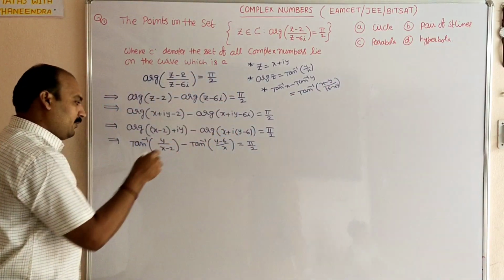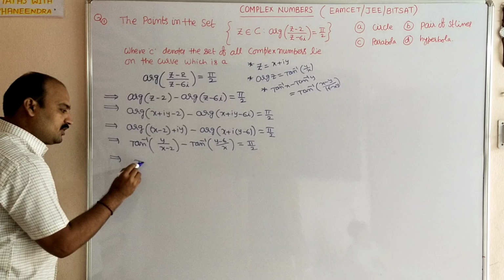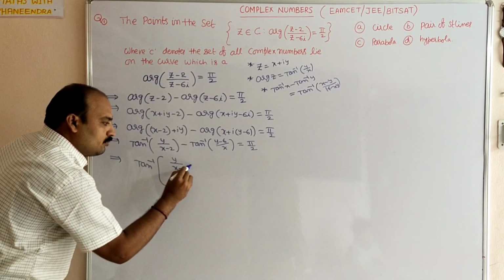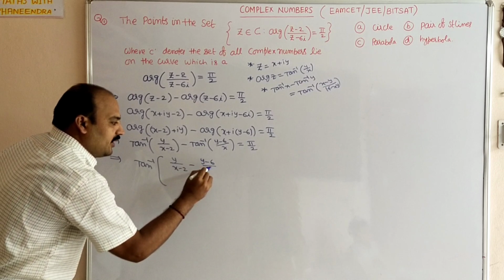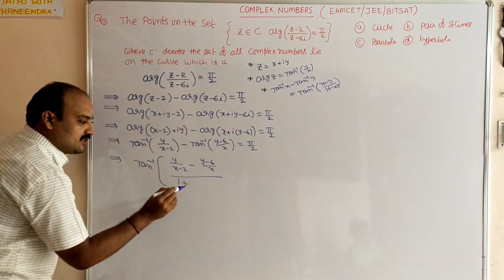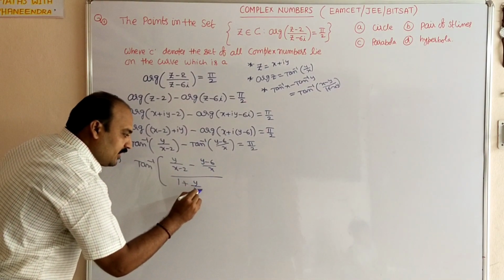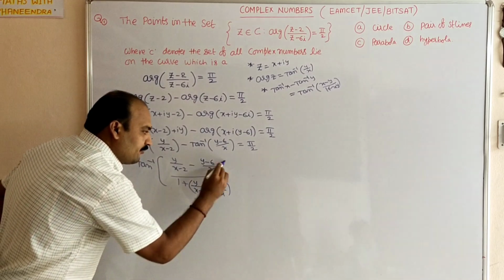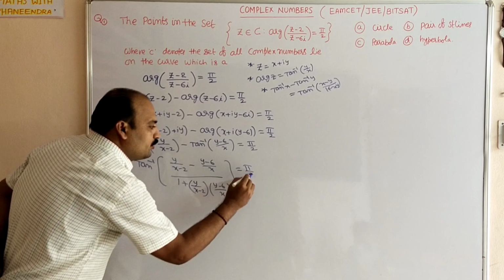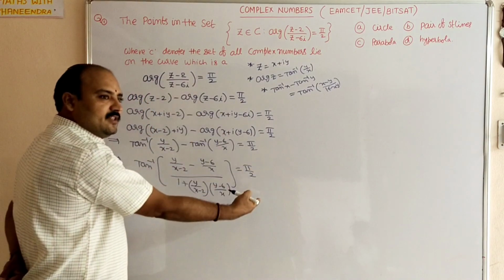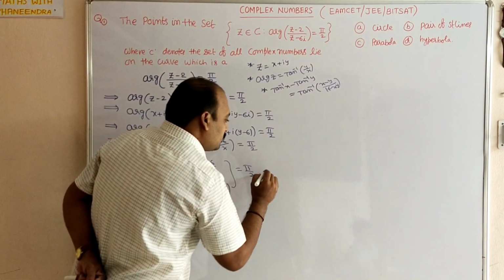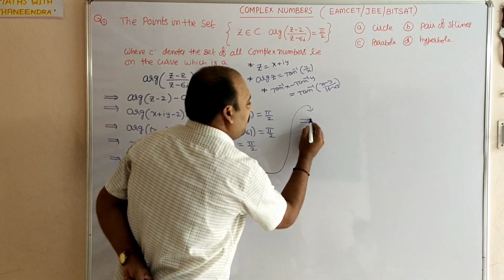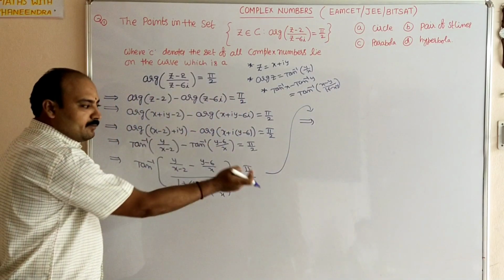So by using the formula, we can write it as tan inverse of [y by (x minus 2) minus (y minus 6) by x] whole divided by [1 plus y by (x minus 2) into (y minus 6) divided by x] is equal to pi by 2. Removing the tan inverse on this side, it becomes tan pi by 2 on the other side.